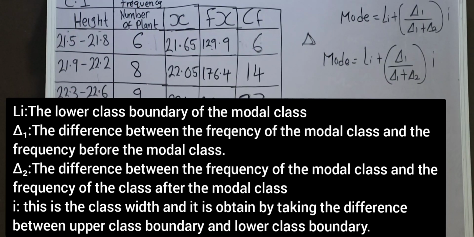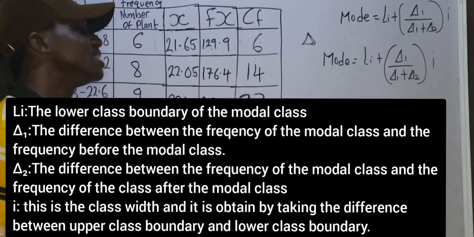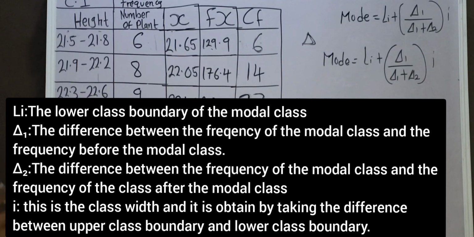Delta 1 is the difference between the frequency of the modal class and the class before the modal class. Delta 2, which is the second delta, is the difference between the frequency of the modal class and the class after the modal class.